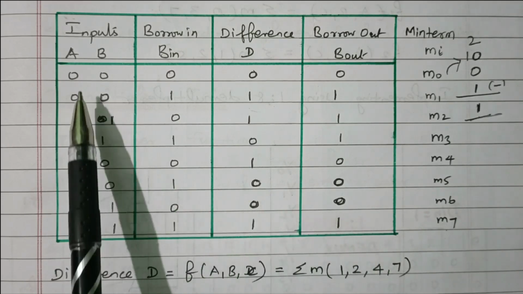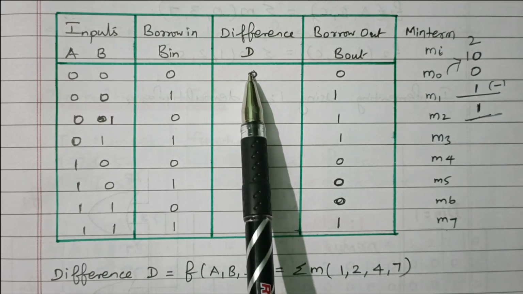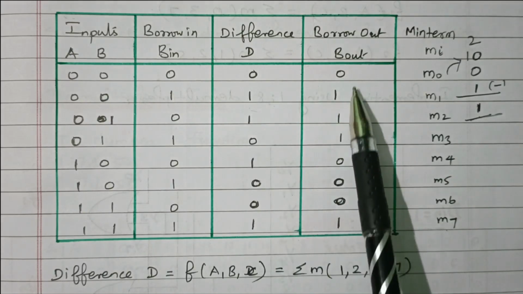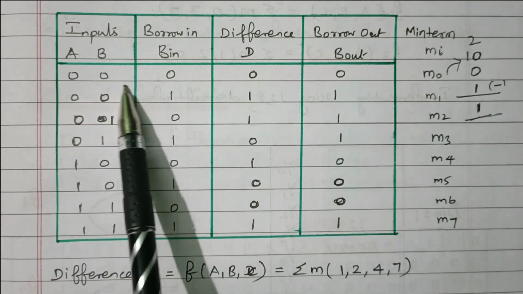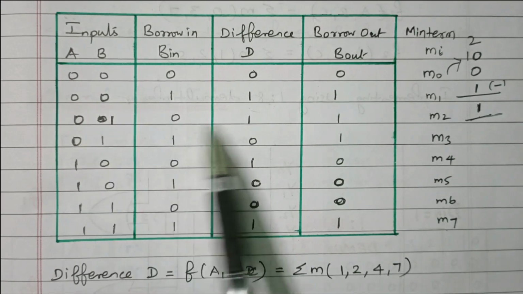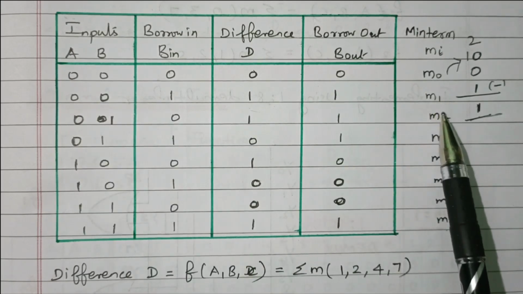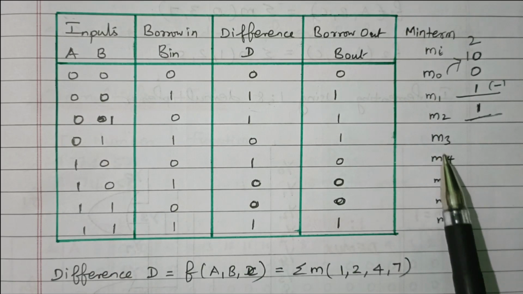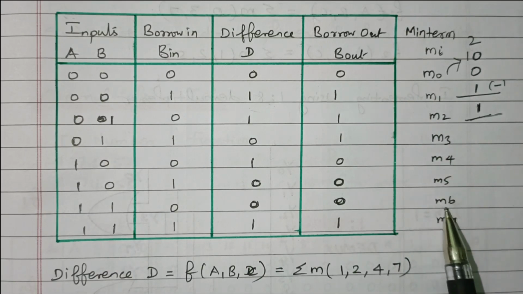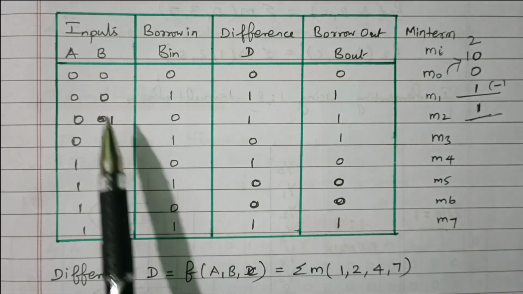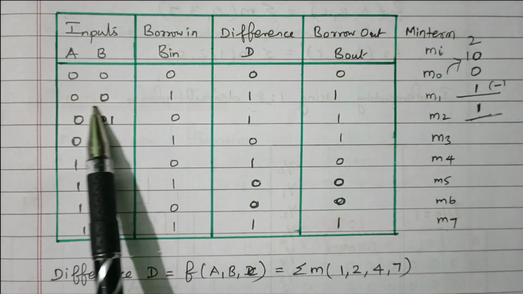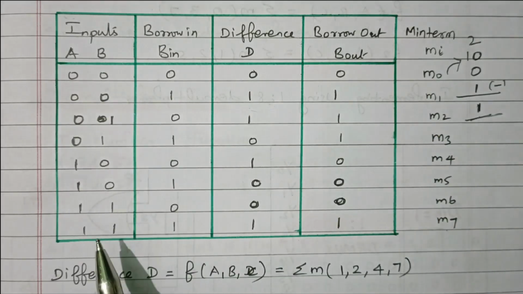Right. So A, B, borrow in are the 3 inputs, and difference and borrow are the 2 outputs. Now this 0, 0, 0, 0, 0, 1 is represented in min terms: M0, M1, M2, M3, M4, M5, M6, and M7. So this is represented in min terms. This corresponds to 0, 0, 0, 0, 0, 1, 0, 1, 0. Right.